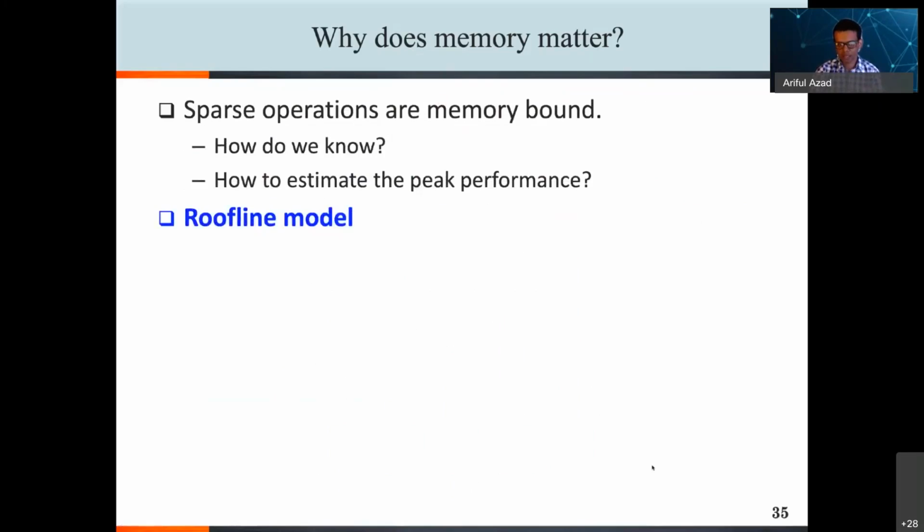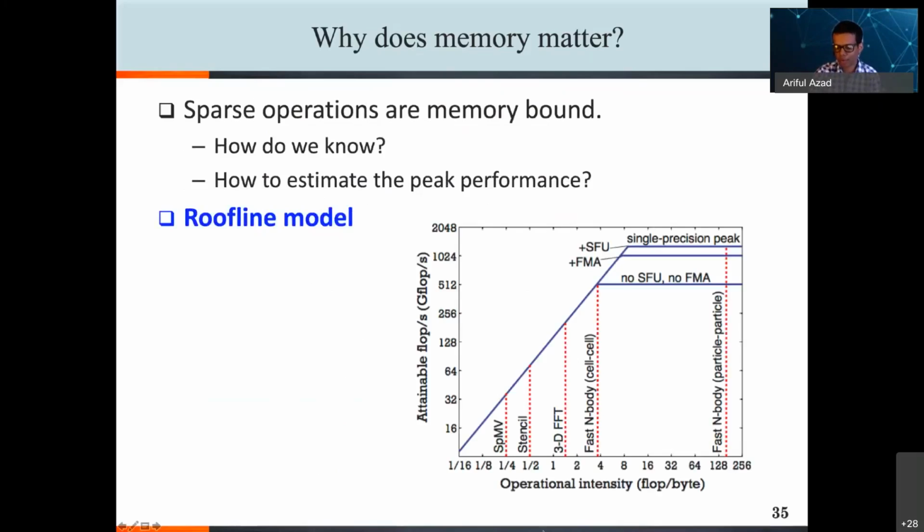That is one aspect of memory requirement. But there is another aspect: most graph algorithms, including graph machine learning algorithms, are memory bound. One way to verify this is by a roofline model, where we have operational intensity on the x-axis. That means for every floating point operation, how many bytes you have to read from memory. For example, if we multiply a sparse matrix by a dense vector, SpMV, the operational intensity is 1/4.